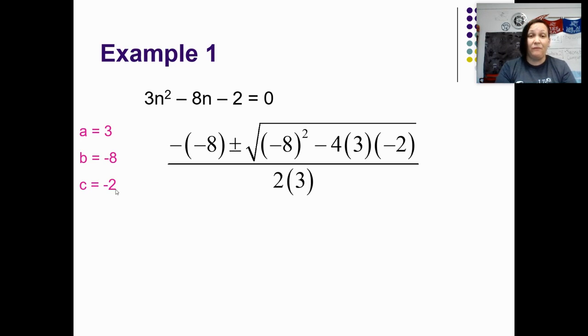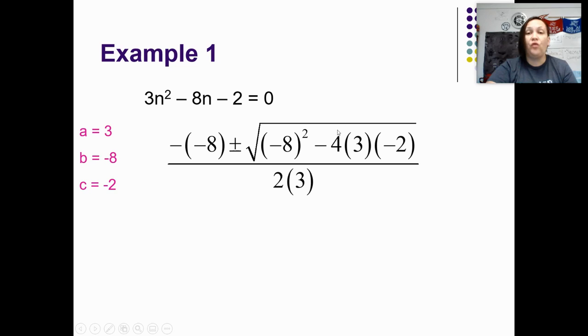In this problem, I'm going to do 4 simplifyings for my next step. So first, the double negative out here, I'm going to change that to a +8. Next, -8 squared is +64.